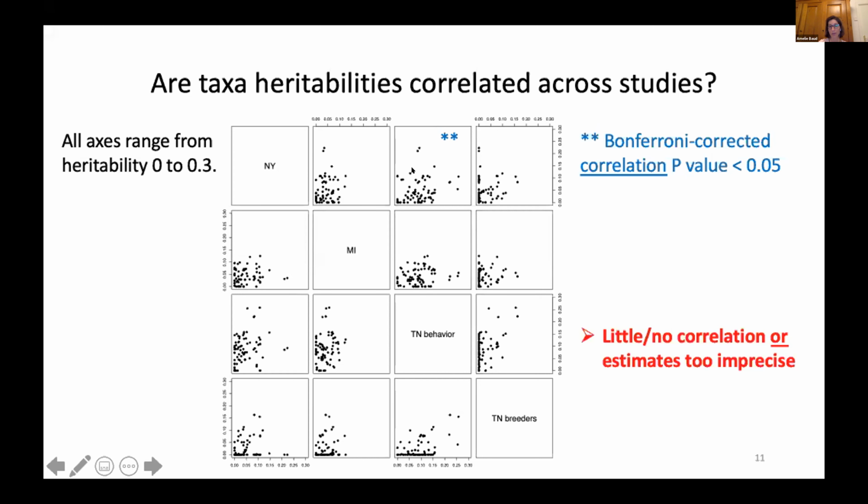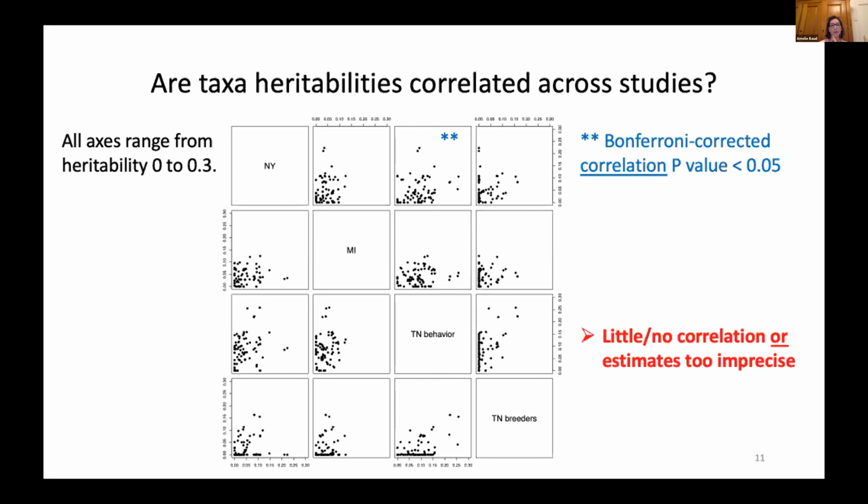And indeed, there is a correlation that is significantly different from zero, even after accounting for the 6 tests that we're doing here. So between New York and Tennessee behavior, the heritabilities tend to be correlated across taxa. So if a taxa is highly heritable in New York, it tends to also be quite highly heritable in Tennessee behavior.